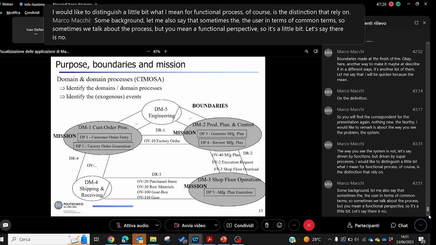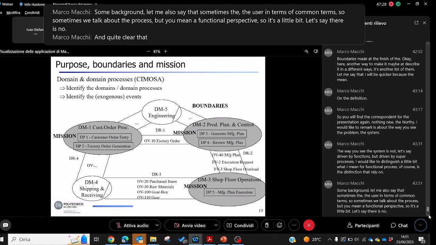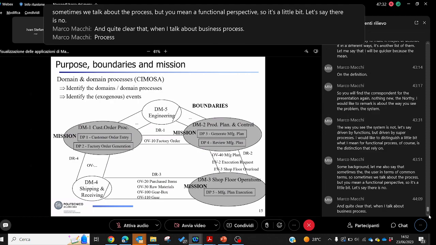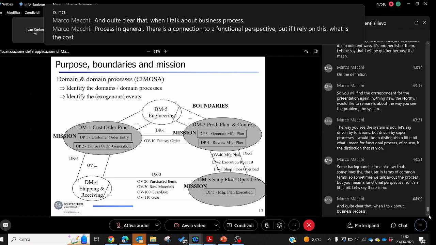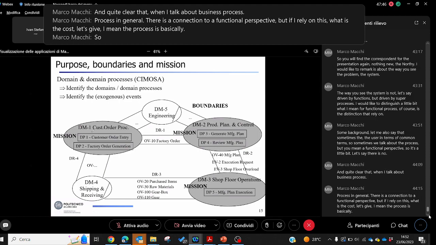And it's quite clear that I want to talk about business process, process in general. There is a connection to a functional perspective, but if I rely on this, what is a process? Let's give a meaning. The process is basically, so here you see as an acronym DP, the main process.